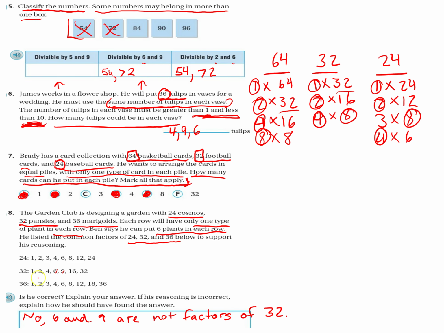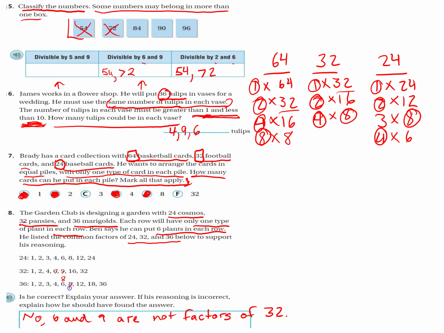Well, let's see. 1 times 32, 2 times 16, 4. Yeah, 4 is not a factor. Or no, 4 times 8, right? Yeah, 4 times 8, so it should be 8 there. And then 8 is also a factor of 36. Did you do that part right?